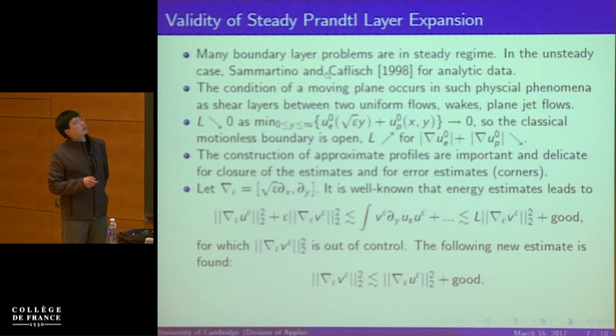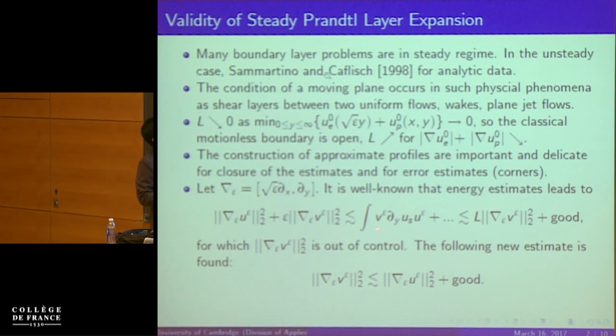Then energy in this context, you get something like this. Some part is order 1, and then this is order epsilon. For the normal velocity from the energy estimate, the most you can get is an order epsilon estimate.